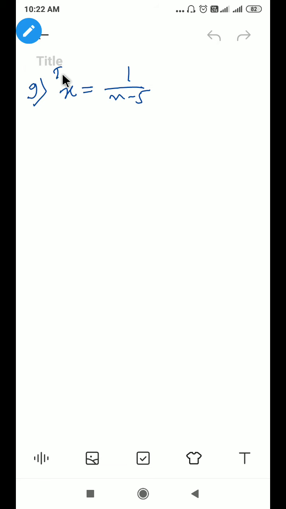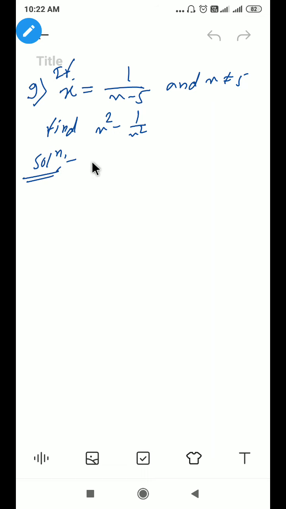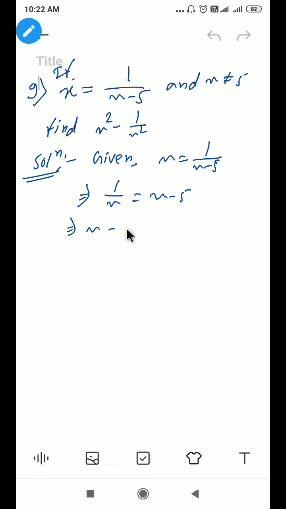From here you have to find the value of x square minus 1 by x square. So here x is equal to 1 by x minus 5. Taking the reciprocal on both sides, you will get 1 by x is equal to x minus 5. Then x minus 1 by x will be 5.